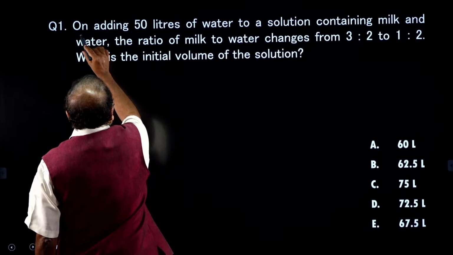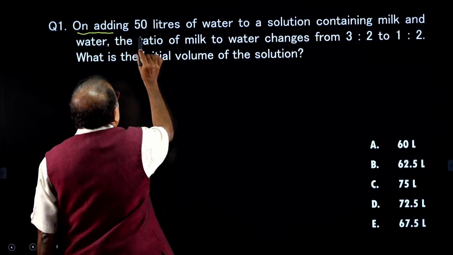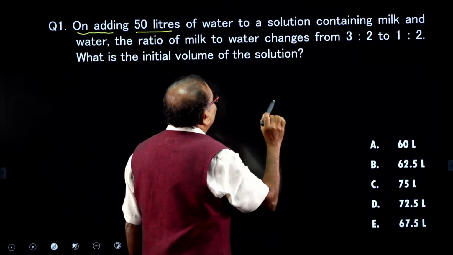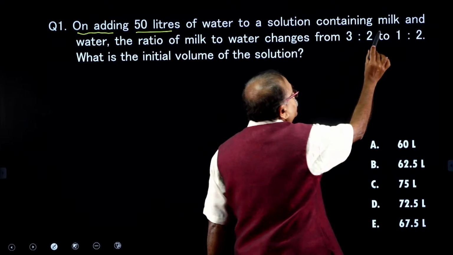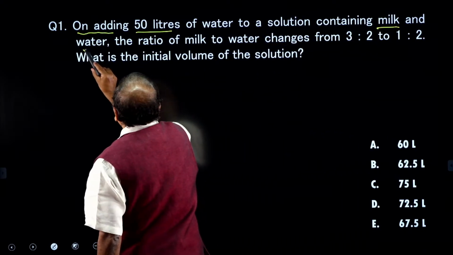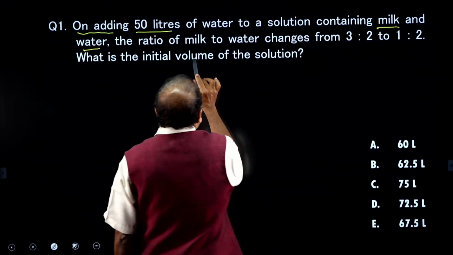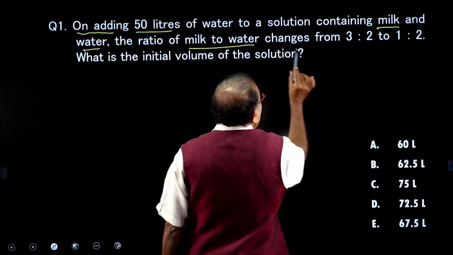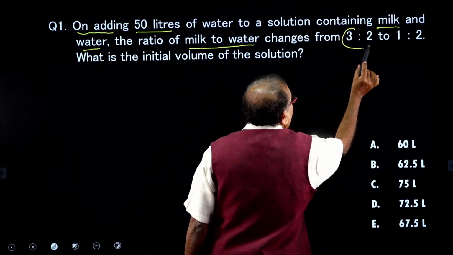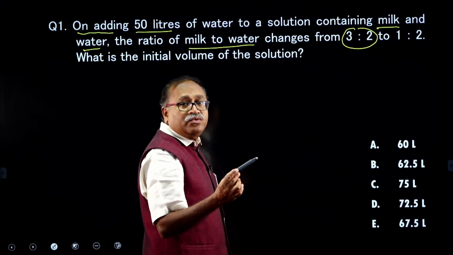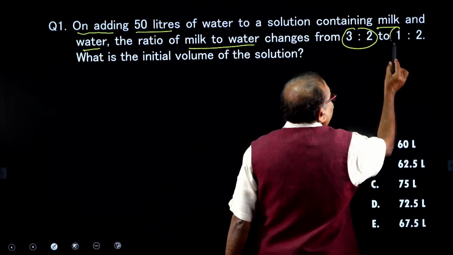So, what is the question here? On adding 50 liters of water to a solution containing milk and water, the ratio of milk to water changes from 3:2 to 1:2.